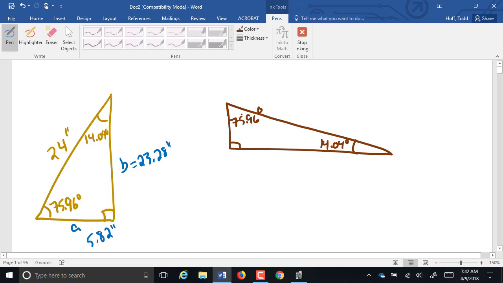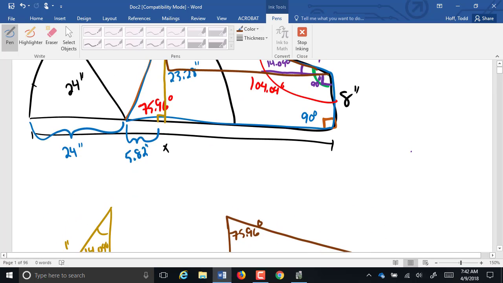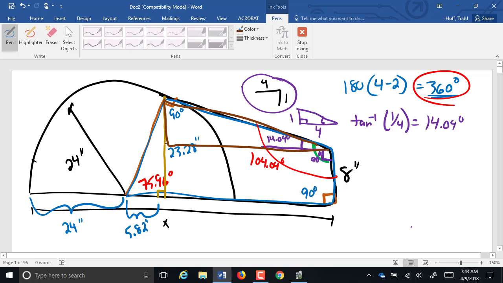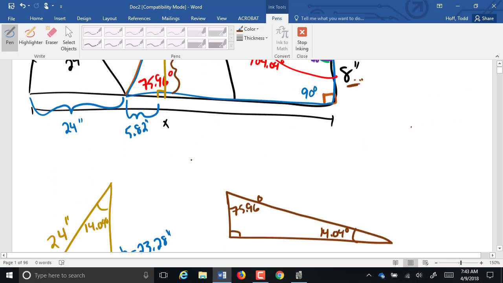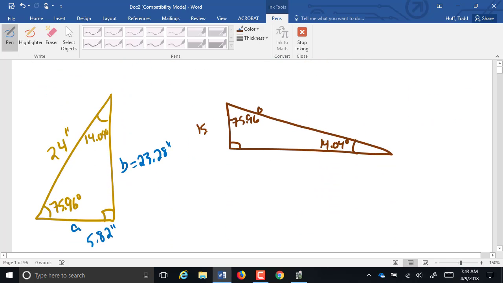Do we know any of the dimensions on that triangle? Well, not quite the same. Minus the 8. Yes, we've got to subtract. There's 8 feet here that matches up with that because we've created a rectangle here. So we've got to subtract the 8. So that is going to be 15.28 right here.